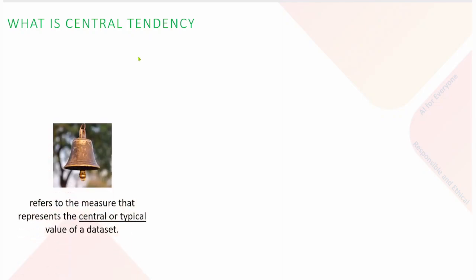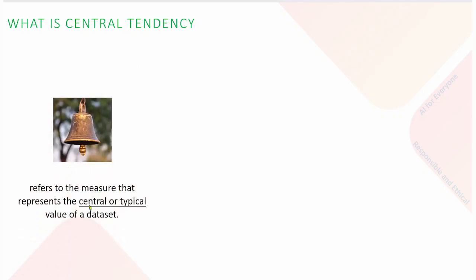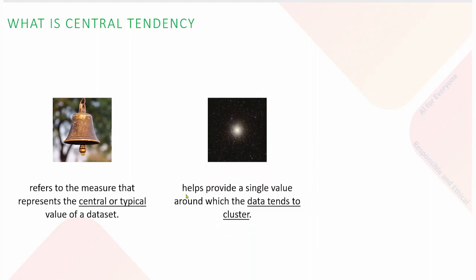So what is central tendency? It refers to a measure that represents the central behavior or typical value in a data column. And that helps provide a single value around which most of the data tends to cluster.